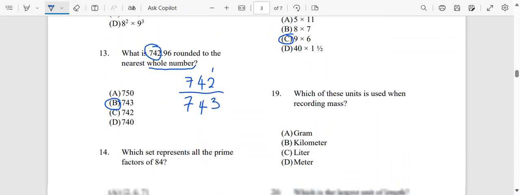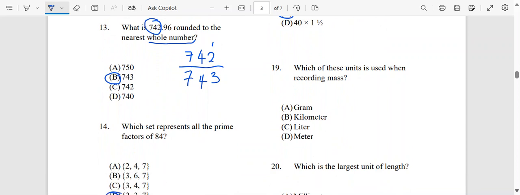All right, it says here, which of these units is used when recording mass? Another term that we use for mass is weight, right? So what is it that we use to record weight?